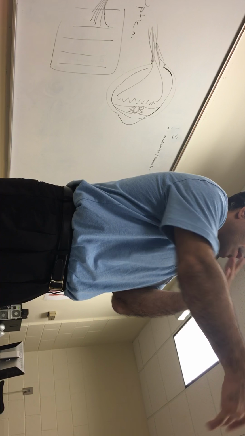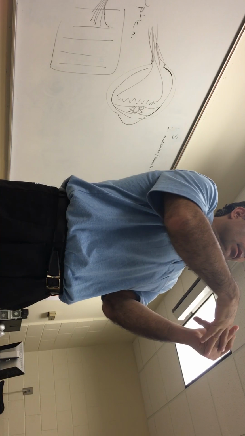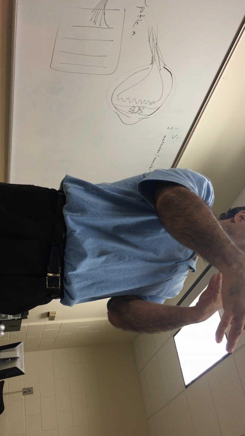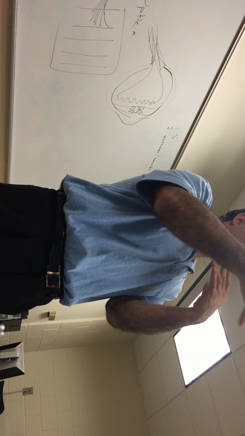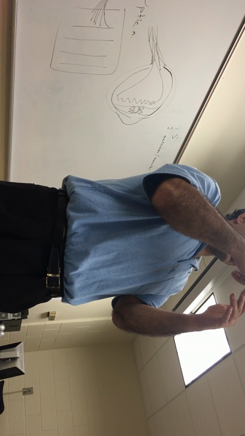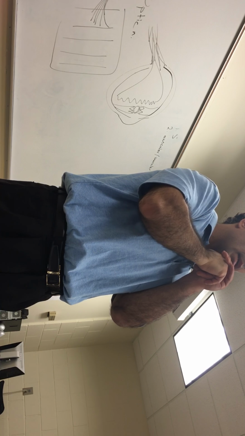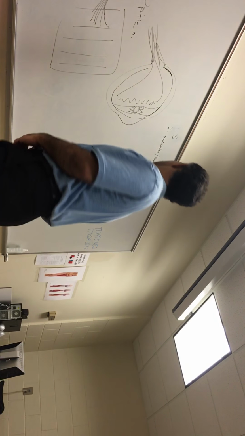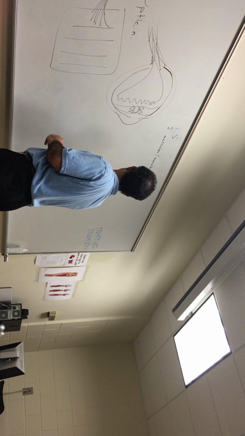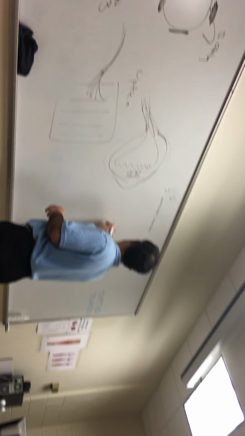Cornea. Behind the cornea, in front of the lens is iris. In front of the iris is cornea. So the lens is in the back and the iris is between cornea and the lens, right? So you have cornea, you have iris, and you have lens.